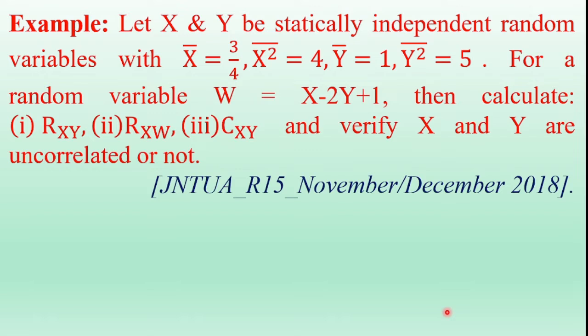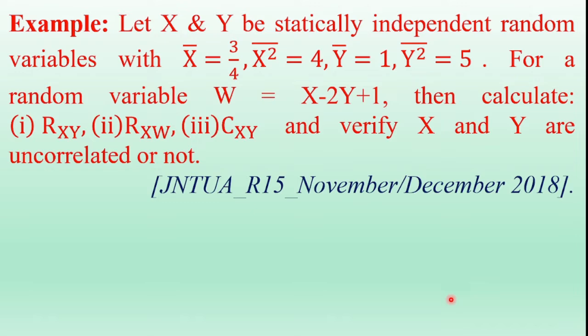The example is: let capital X and capital Y be statistically independent random variables with x bar equal to 3/4, x square bar, the mean expectation of x square, is 4, y bar is 1, and y square bar, the expectation of y square, is 5.